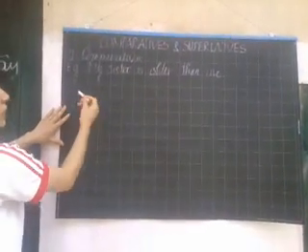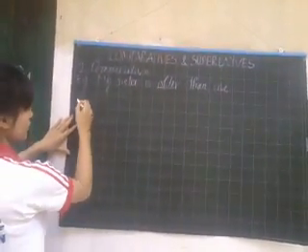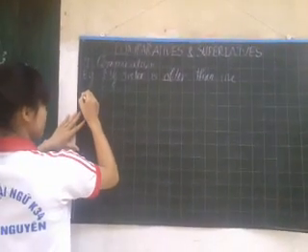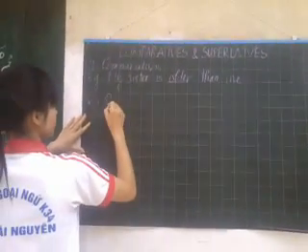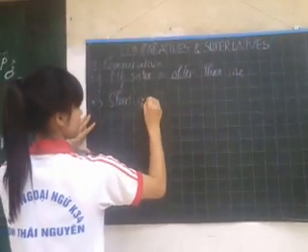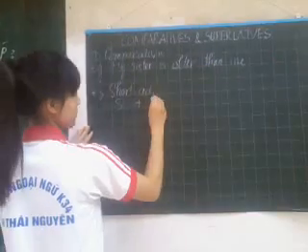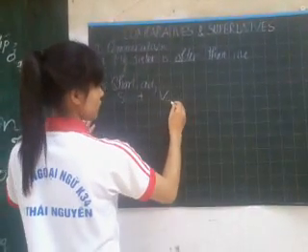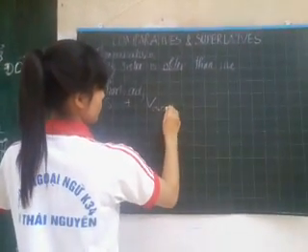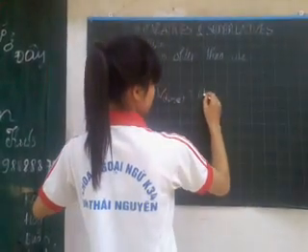I have a form of comparative, with short adjectives first. Subject, verb is to be, and adjective.